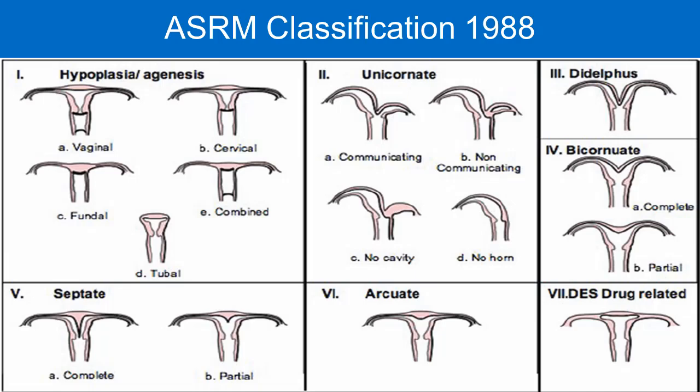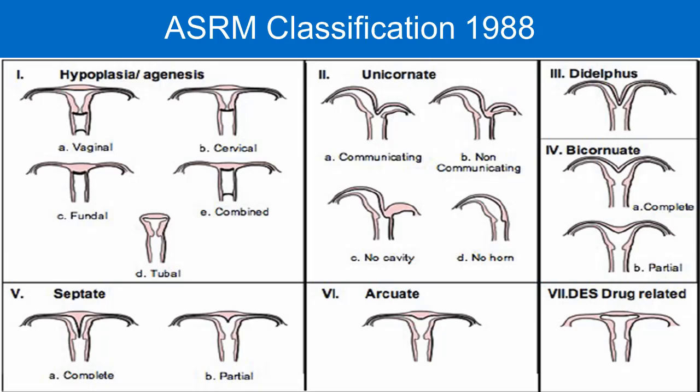Now, various classifications have been suggested. Initially in 1988, the ASRM classification divided these Mullerian anomalies into 7. As shown in this diagram, first is hypoplasia, second unicornuate, third is didelphys, fourth is bicornuate, fifth is septate, sixth is arcuate, and seventh is DES-related, that is drug-related.